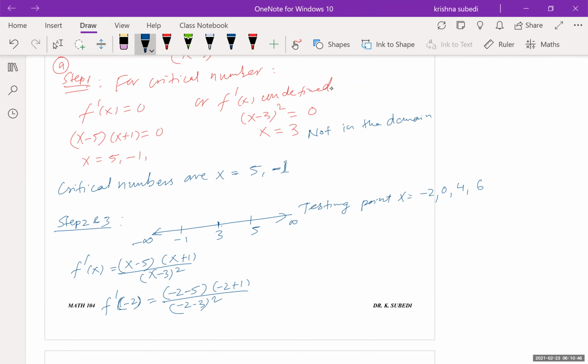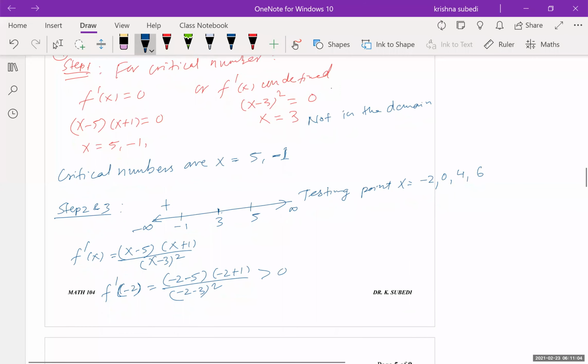So -2 minus 5 is -7. -2 plus 1 is -1. So the negative times negative will be positive. So this will be positive. And let's try plugging in 0.